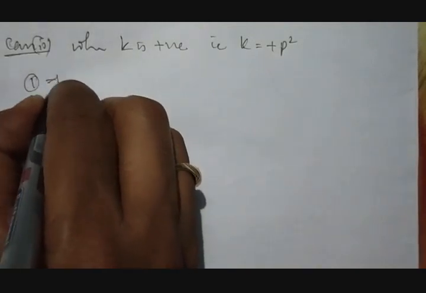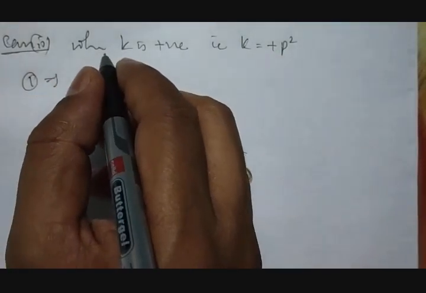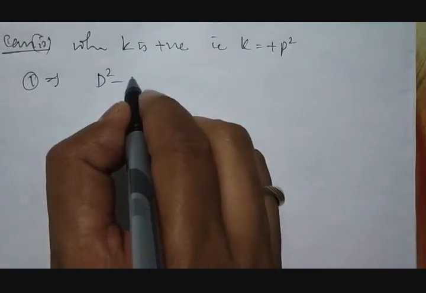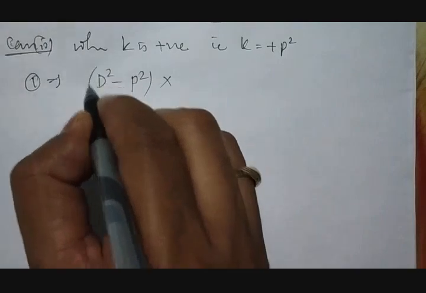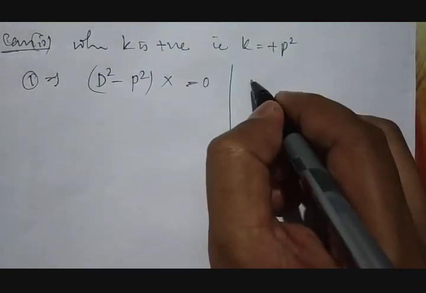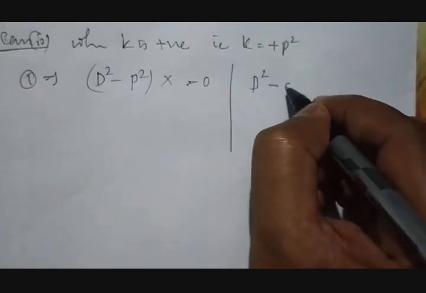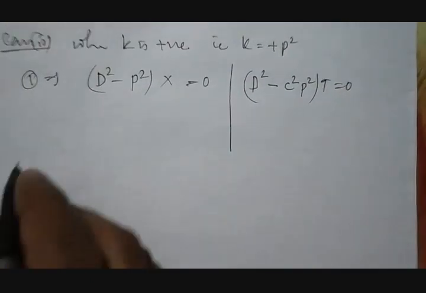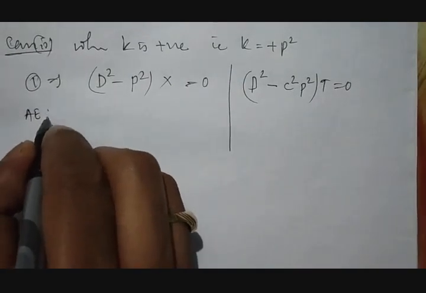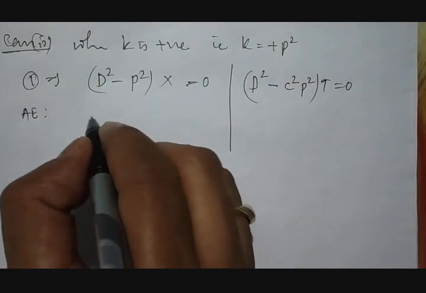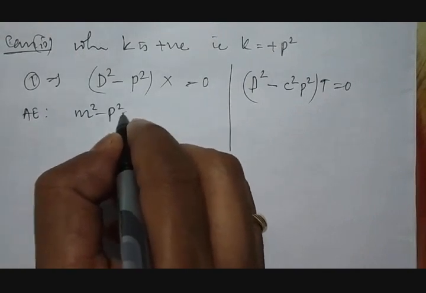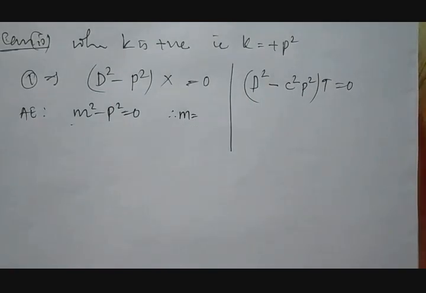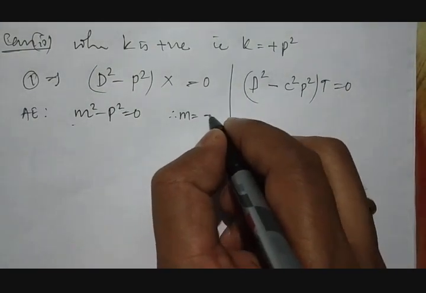Therefore equation number 1 becomes D square minus p square of x is equal to 0. Similarly, on the other side, D square minus p square of t is equal to 0. Again you take it as the auxiliary equation, and as per the auxiliary equation it becomes m square minus p square equal to 0. Therefore m square is equal to p square, or m is equal to plus or minus p.